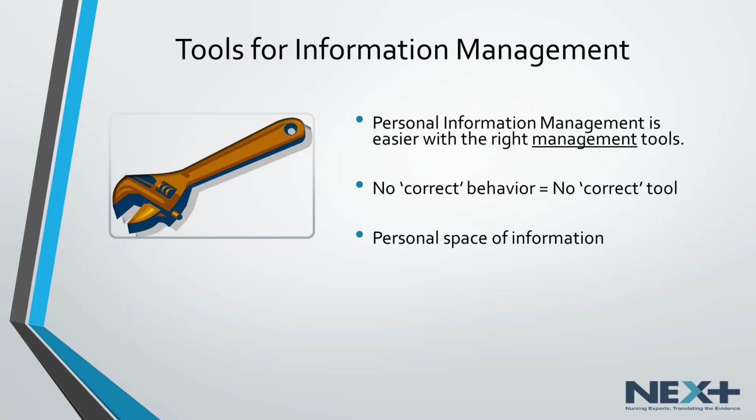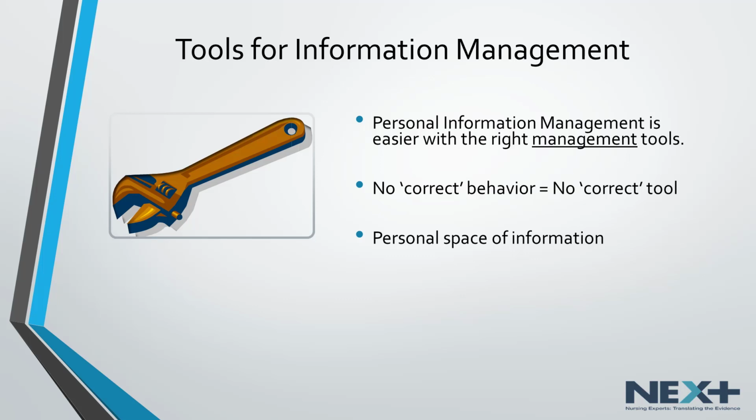Fortunately, there's an entire field of study and industry devoted to understanding how we manage information and creating tools to help us. However, as we discussed earlier, there is no correct behavior, and therefore there is no correct tool. Just as with each of the other aspects of personal information management, the challenge is finding what works for you.